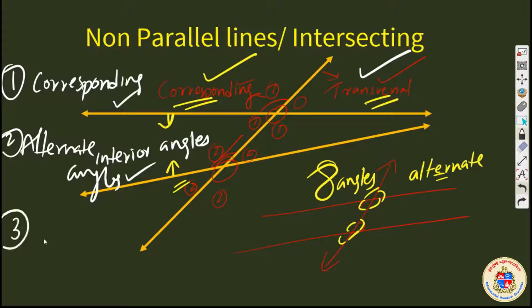And third category named as interior angles. This is explained with the help of non-parallel lines or intersected lines now. I will be explaining the same with the help of parallel lines. That is the main topic of your textbook. Please wait.